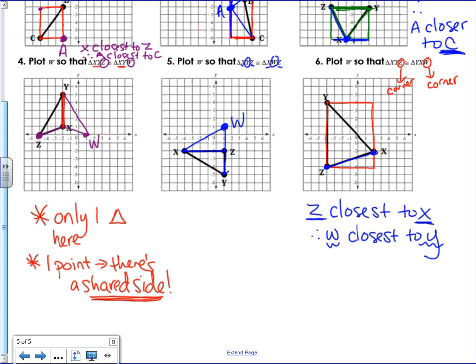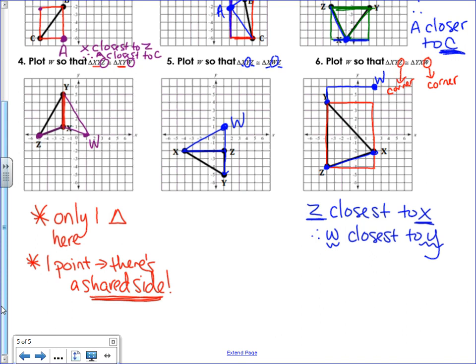So we said, again, we went up 2 over 6 to get to X, so I'm going to go to Y, and I'm going to go up 2 over 6. 1, 2, 3, 4, 5, 6. That's where W has to be.